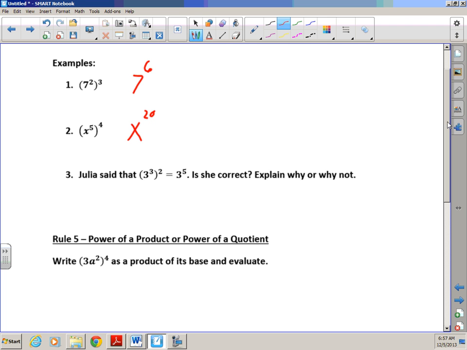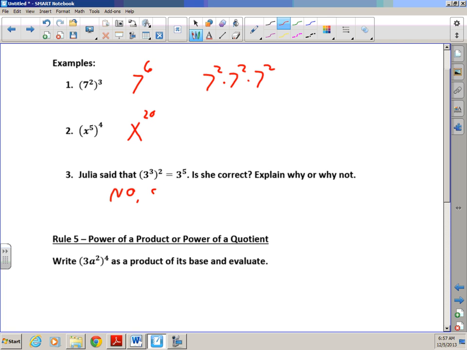Okay? And just to demonstrate, anything cubed means times itself 3 times. And as you learned yesterday, that gives us our 7 to the 6th power. Now, Julia said that 3 cubed squared is 3 to the 5th. Is she correct?